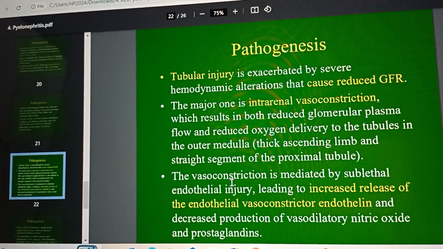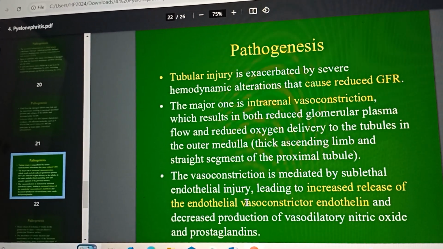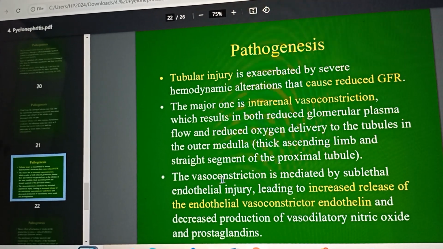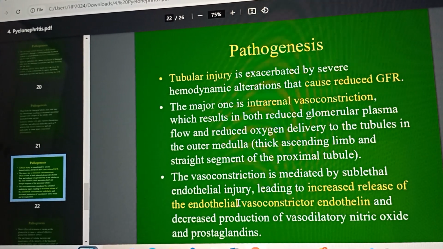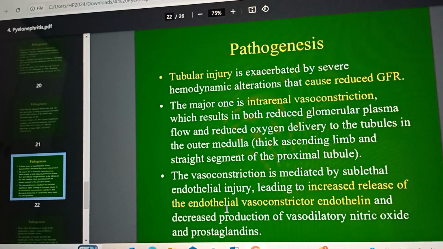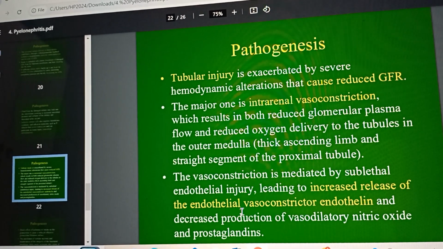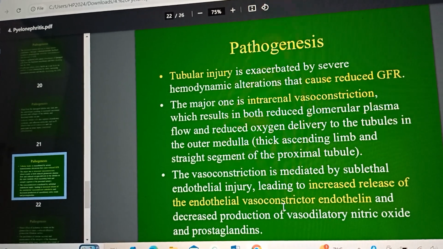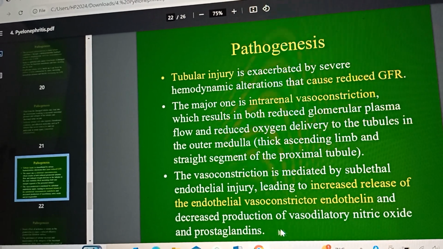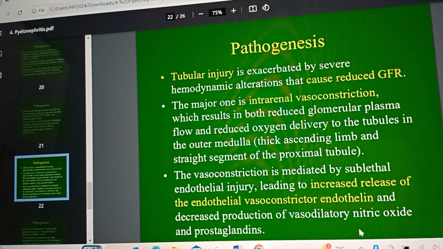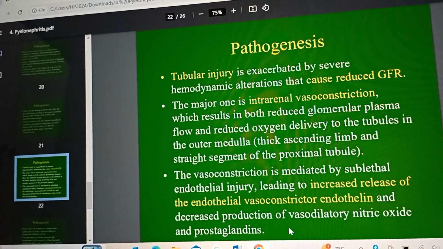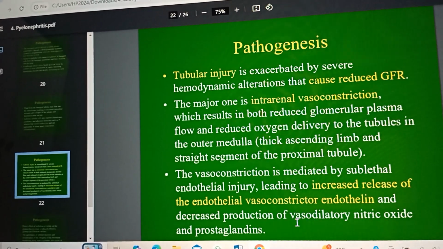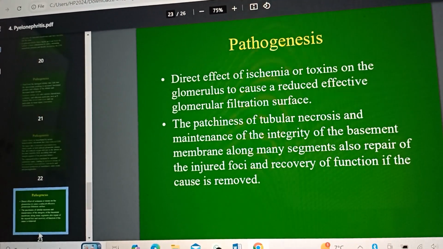Why is this vasoconstriction happening? Because there is endothelial injury, and when endothelial injury is going on, they will release the endothelial vasoconstrictor endothelin, and there will be decreased nitric oxide and prostaglandin. These are the changes which are causing vasoconstriction.